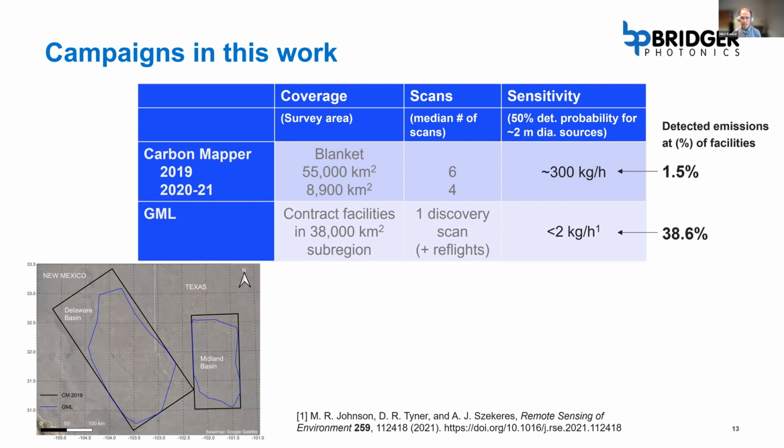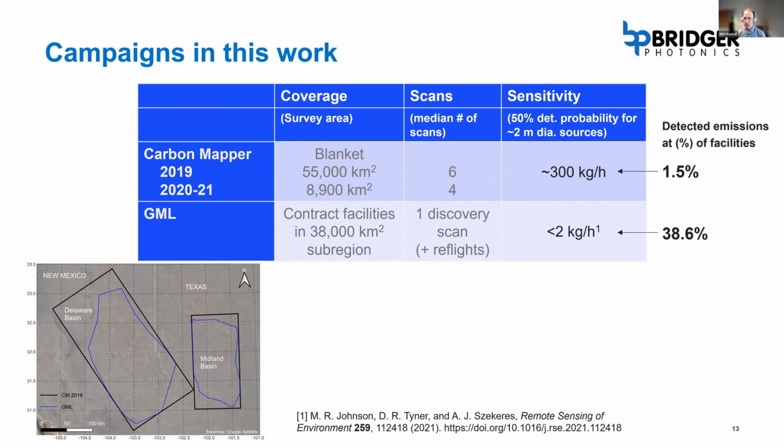And for GML, that sensitivity level is below 2 kilograms per hour. What this is saying is that Carbon Mapper is detecting sources at 300 kilograms per hour and below at significantly reduced probability. So they're going to be underrepresented in that part of their distribution. Whereas for GML, that threshold is below 2.